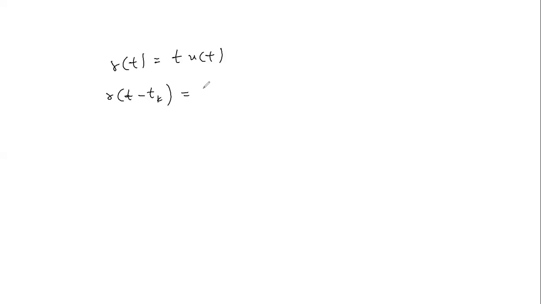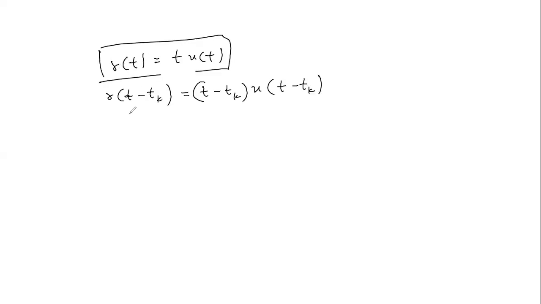Then it means we get t minus t sub k times u of t minus t sub k. So if there is time delay for this signal, all the time components will experience the same amount of delay. This is going to be very important in our representation of signals.